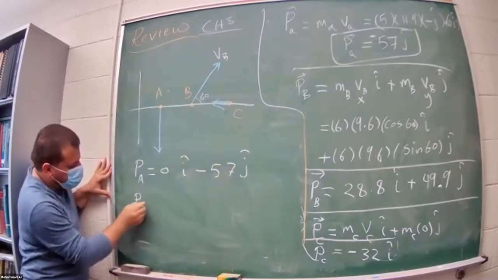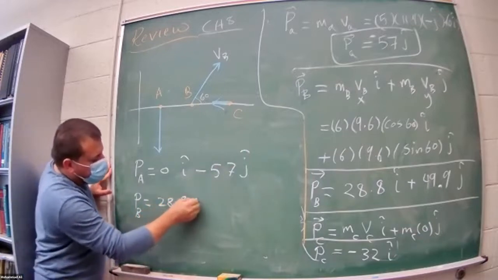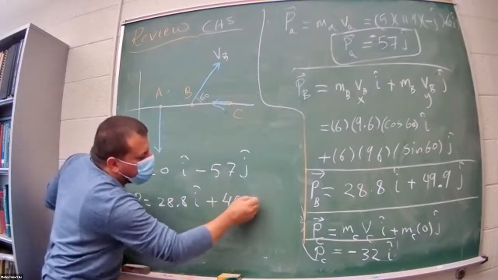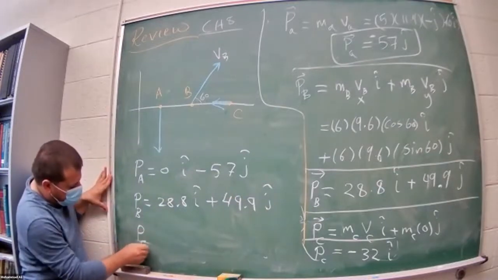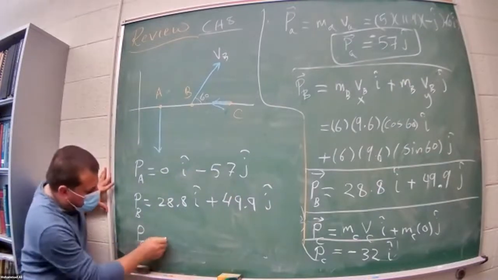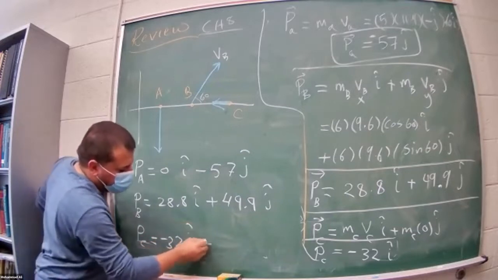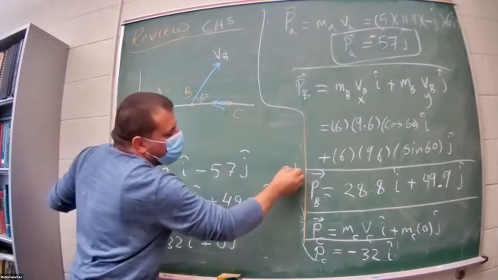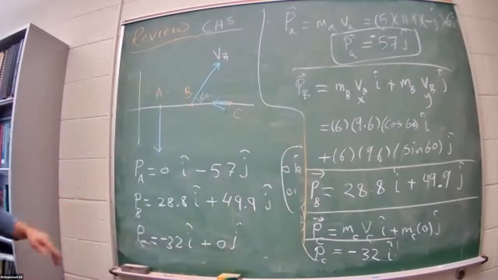PB is equal to 28.8 I hat plus 49.9 J hat. And we have PC is equal to negative 32 I hat plus 0 J hat. And all of them have 0 K hat in Z direction.